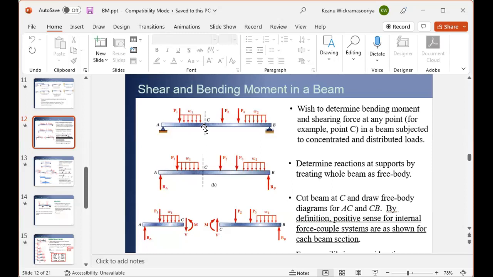It is a distributed load, or the weight of the slab acting on a slab beam. The beam supporting a concrete slab is loaded in this way. Distributed load. It is not a point load.